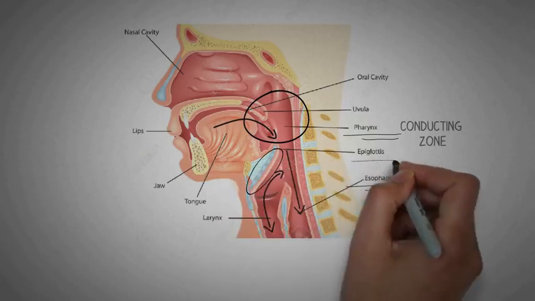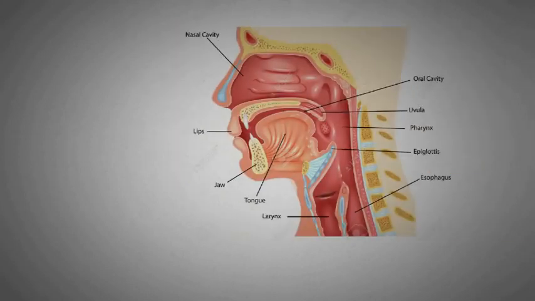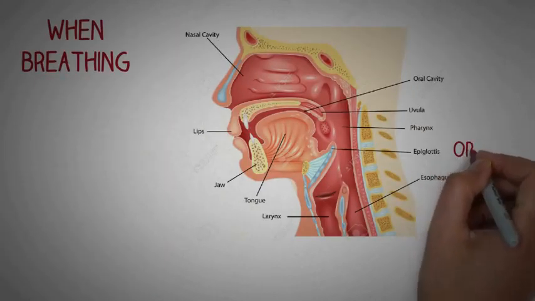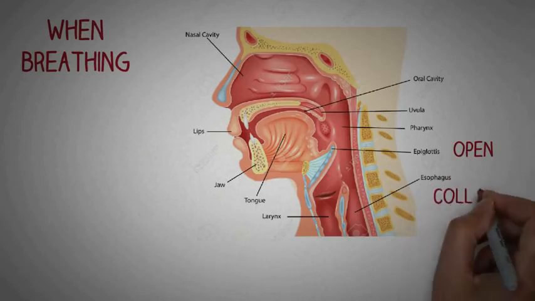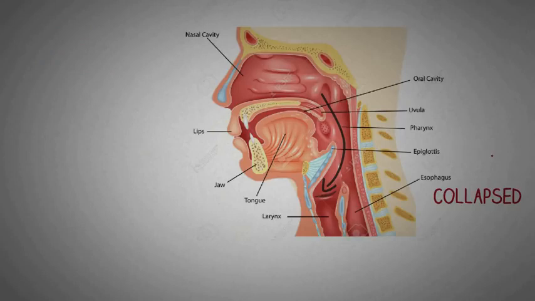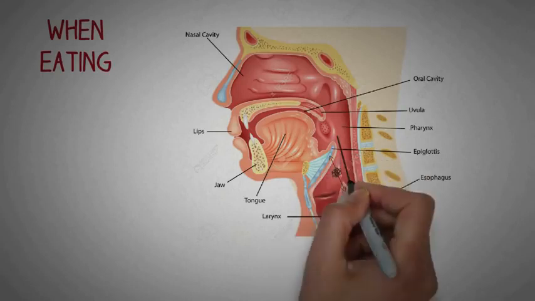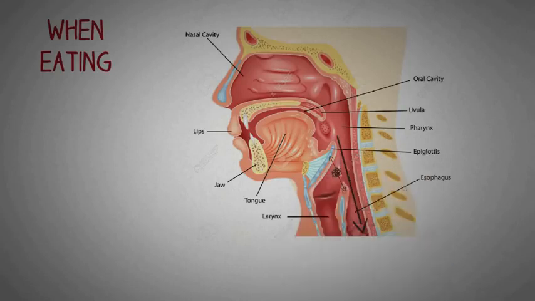The epiglottis is a piece of cartilage that covers the opening of the larynx. When we are breathing, the epiglottis is open like it is in this situation. The esophagus is collapsed and the air passes forward into the larynx. When we eat, the larynx opening is closed, and this prevents the food from entering into the respiratory tract, and it is passed down into the esophagus instead.